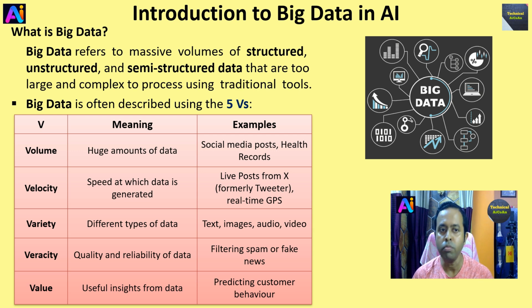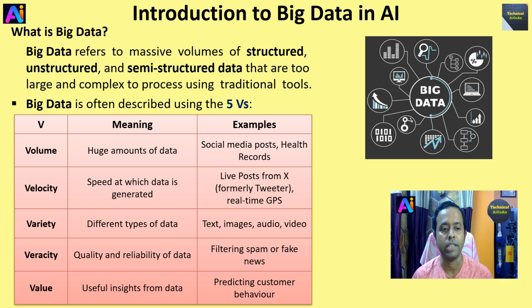First V is volume, a huge amount of data, for example social media posts, health records, right? Second one, velocity, the speed at which data is generated, like live posts from X, formerly Twitter, and real-time GPS. Third one, variety, different types of data like text, images, audio, video, etc., right?